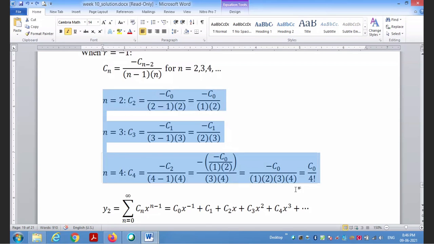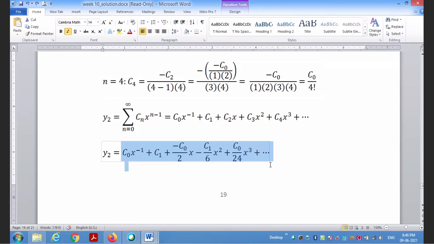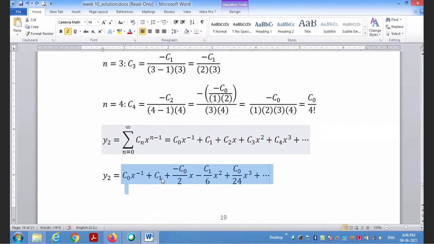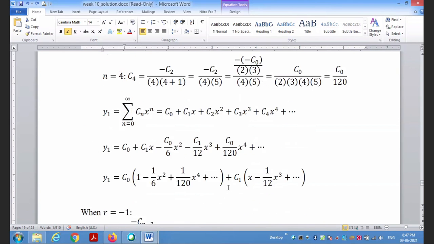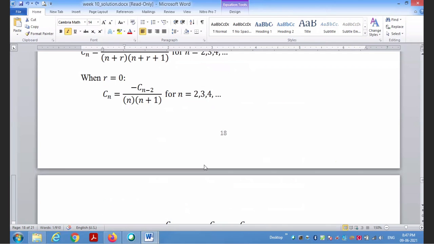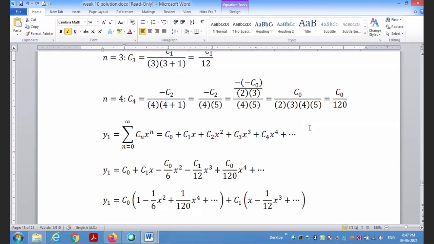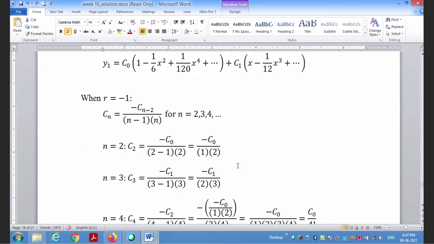When this is wrong, this one also will be wrong, because it depends on C. When you get the wrong C, the answer will be wrong. The mistake will be inherited from the previous one. It depends on the previous one. That's why in this topic, if you make careless mistakes, you will lose a lot of marks. Each one of these you get points, so do not make careless mistakes.